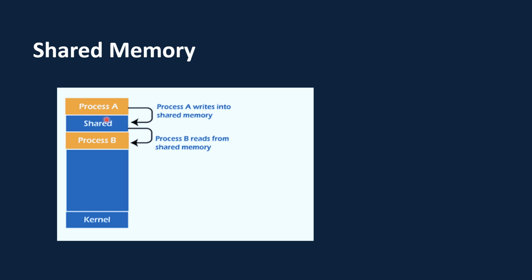And in this way, the shared memory model allows interprocess communication and lets processes exchange data by providing them a shared memory space.